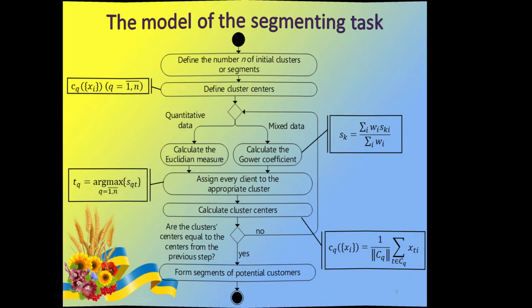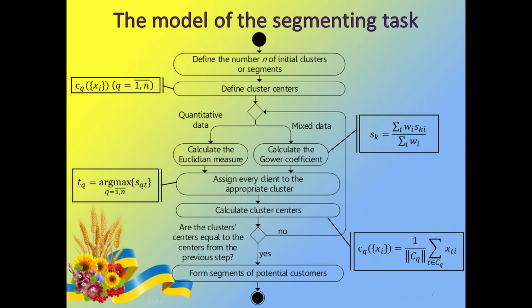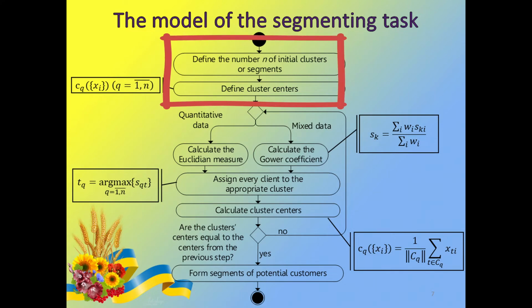Let's consider a model for solving the task of segmented a targeted audience using k-means clustering method. First, the manager has a hypothesis about the number n of clusters or segments and their centers. It can be based on theoretical considerations or the result of marketing research. If the assumptions are not obvious, then a series of experiments with different numbers of clusters can be performed to find the optimal option.